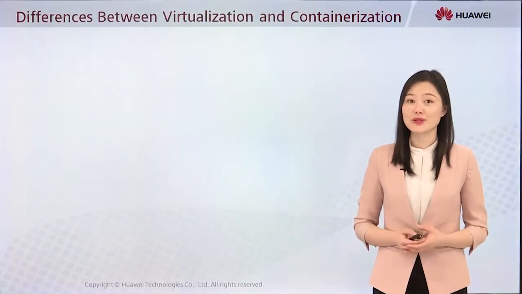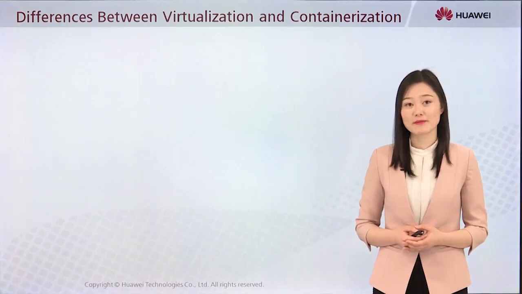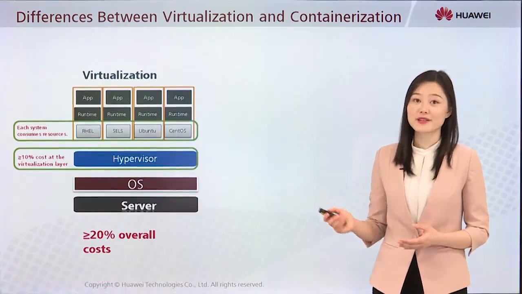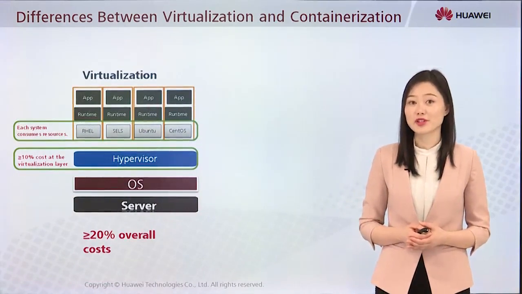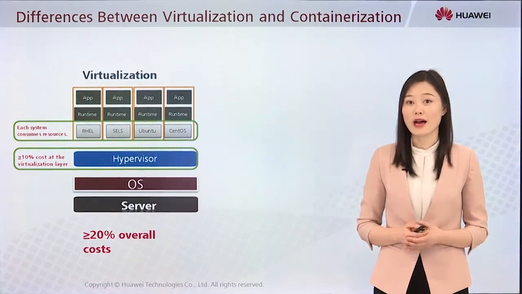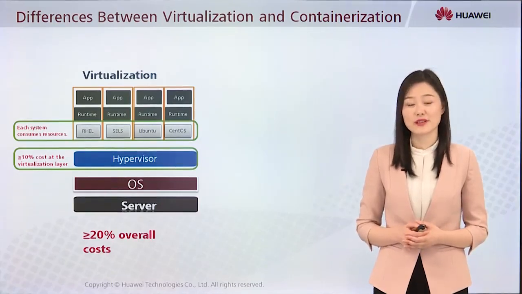We have introduced the concept of containers. Now let's take a look at the differences between containerization and virtualization. As shown in this figure, virtualization means installing a piece of virtualization software or a hypervisor as a virtualization layer onto a physical server.